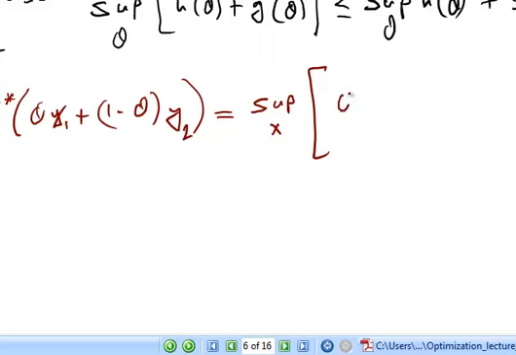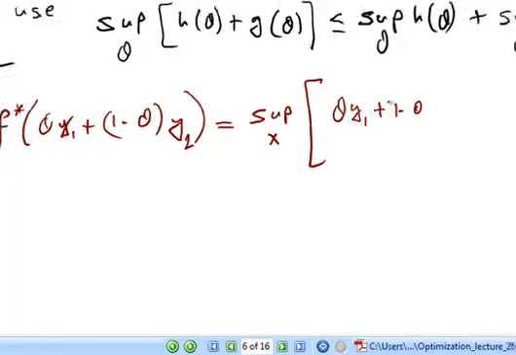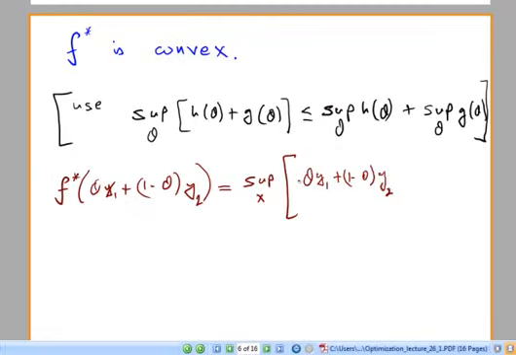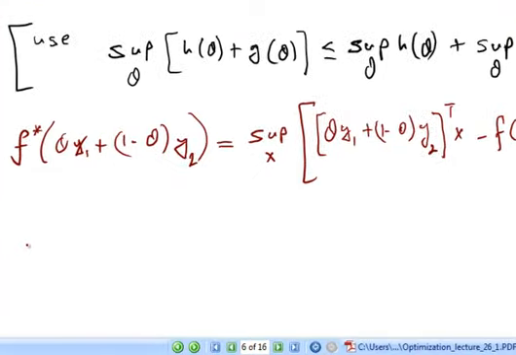Of theta y1 plus 1 minus theta y2, everything transpose, minus f of x. Very good. Okay. And what we can do, we can distribute this transpose to the individual terms, right?